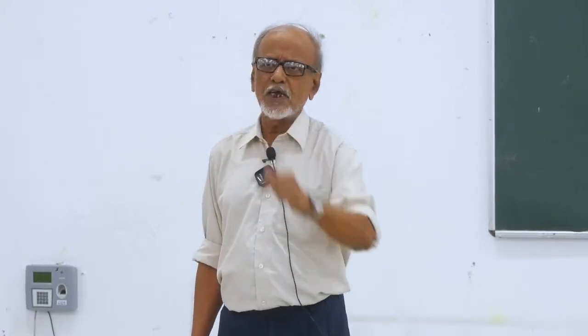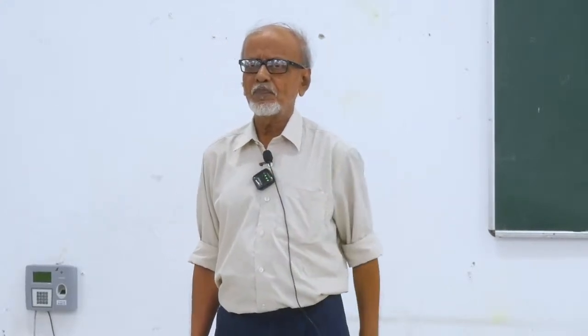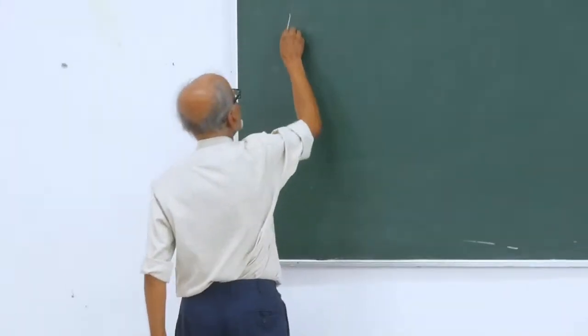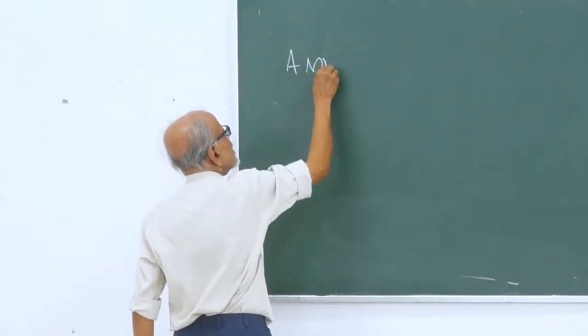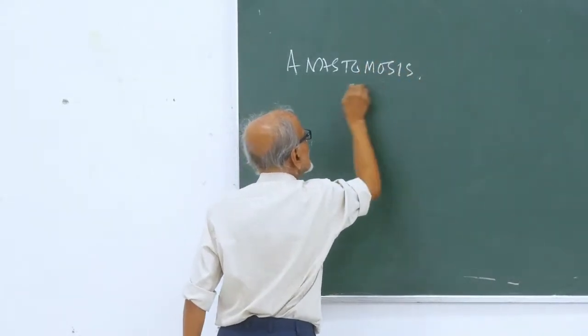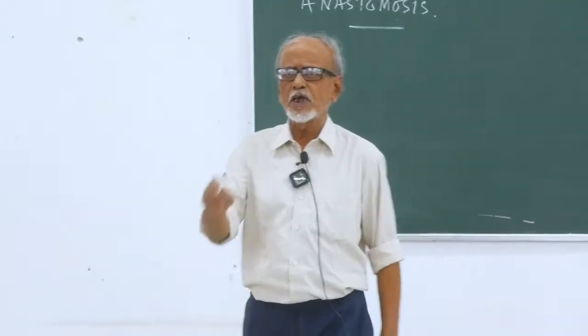So what is that arterial anastomosis? What purpose does it serve for the human being? This term anastomosis, in relation to the blood vascular system, means branches of blood vessels communicating with one another.